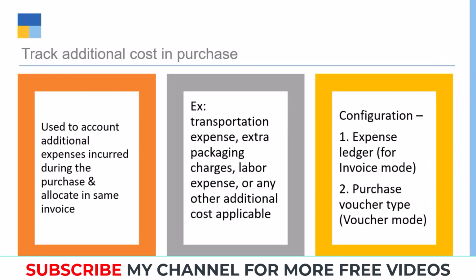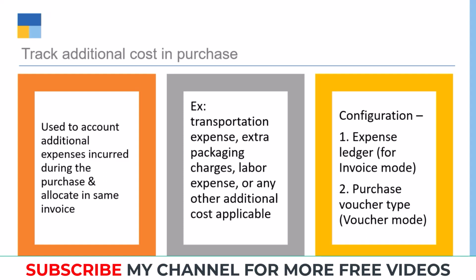I was just explaining when exactly track additional cost in purchase will be used. Basically, this is a purchase invoice feature. Using this feature, we will not be able to generate any specific reports. We will use this feature only when we know what additional costs have been incurred during the purchase.